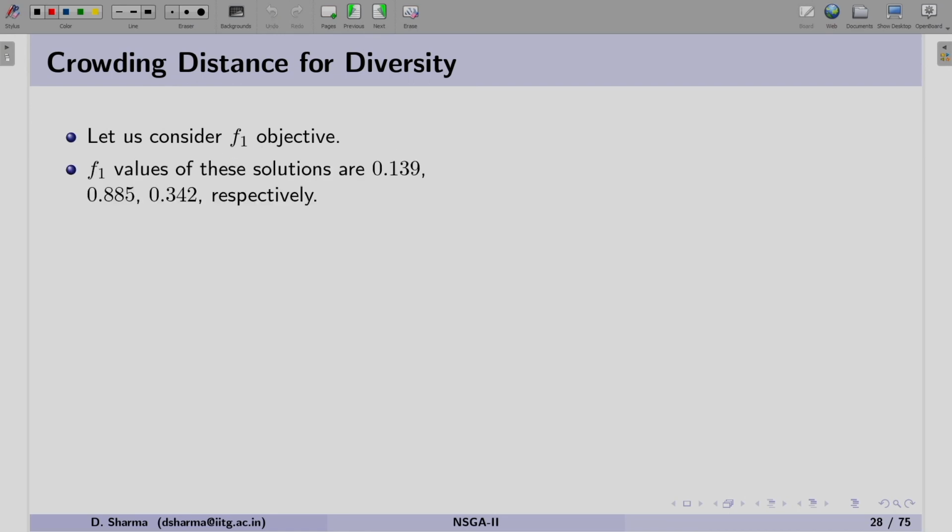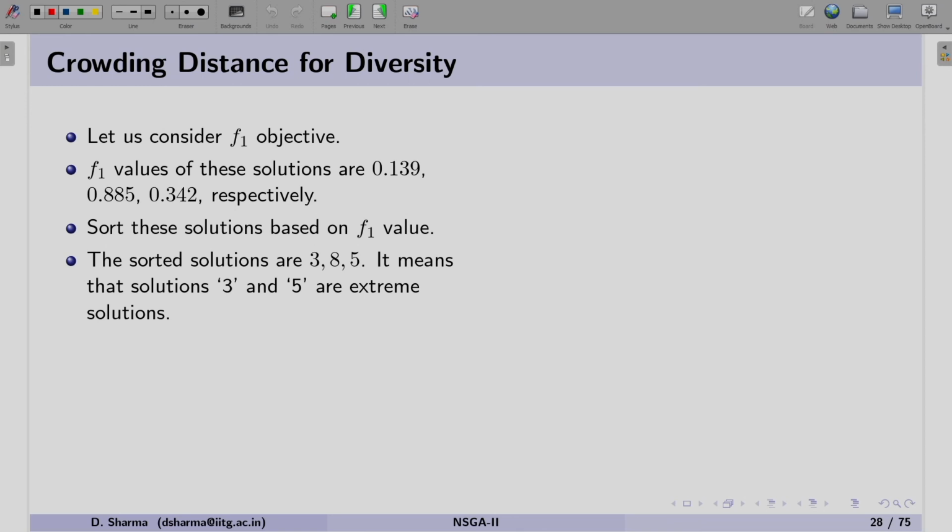For F1, these 3 solutions have values 0.139, 0.885 and 0.342. The next step says that we have to sort these solutions based on their F1 values. The minimum value is 0.139, followed by 0.342, and the maximum value is 0.885.